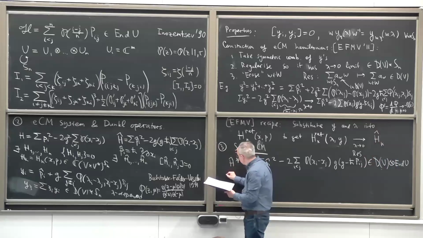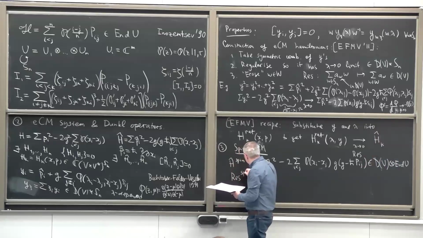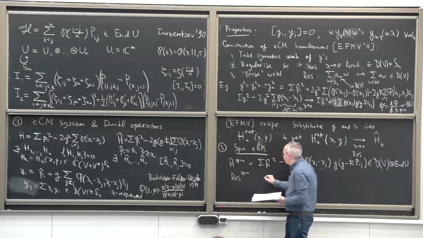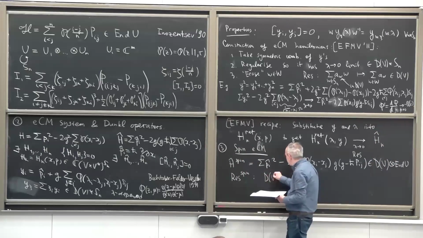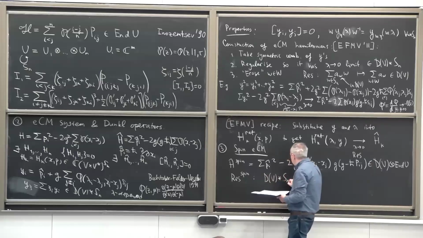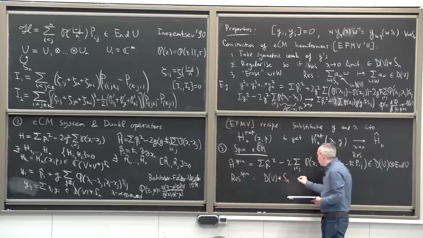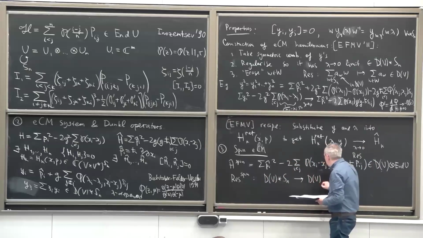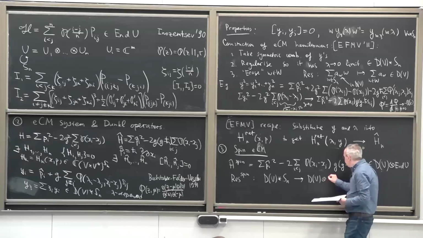For that we need maybe a spin version of this restriction map. If you have something coming from Dunkl operators, in this cross product, you want to get out of it matrix differential operators.